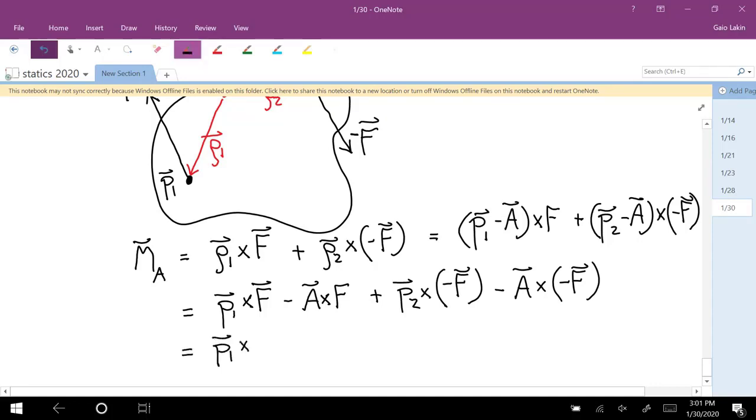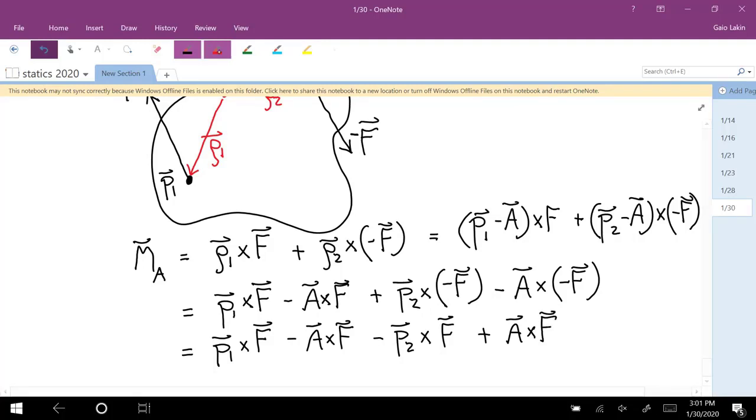So P1 cross F minus A cross F minus P2 cross F plus A cross F. And now you can see where that cancellation happens.